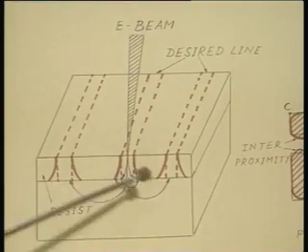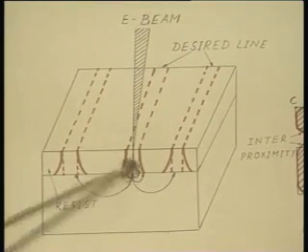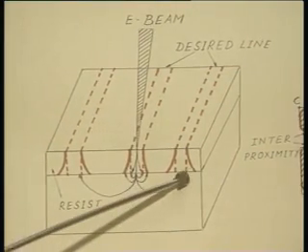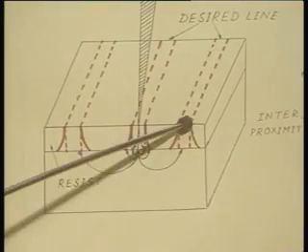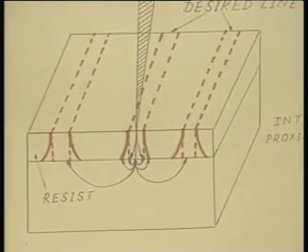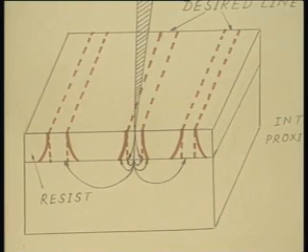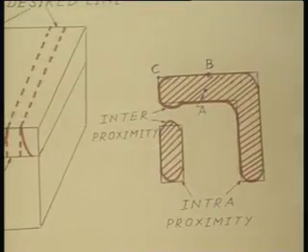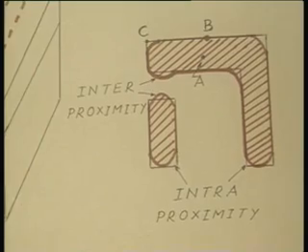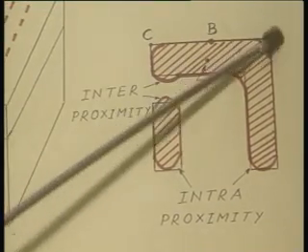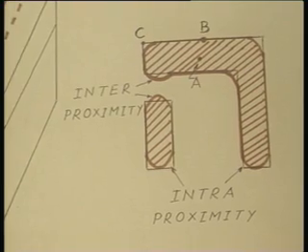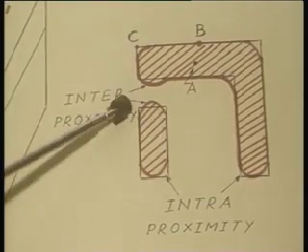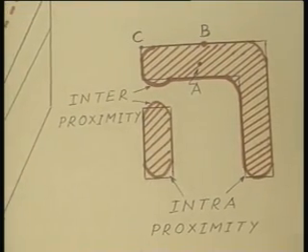So, you can see that because this pattern was near this pattern, the scattered electrons have come all the way to this next pattern, and this has caused the broadening of the actual pattern. It will become clearer if we take a look at this segment of the figure. I have shown here some pattern that is to be realized on the semiconductor substrate. It consists of one L-shaped pattern and one rectangular region.